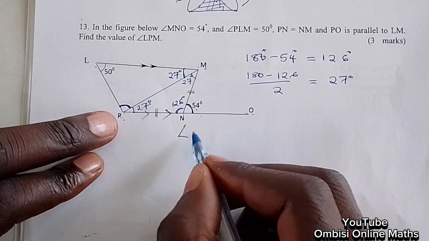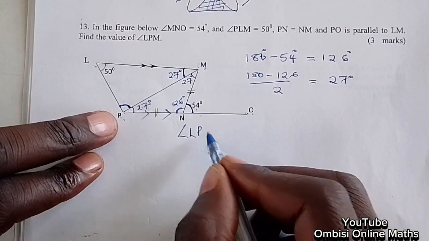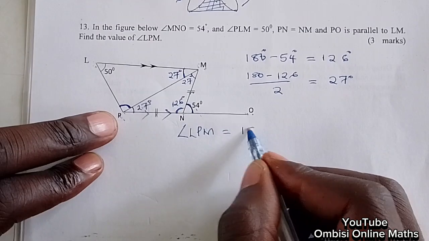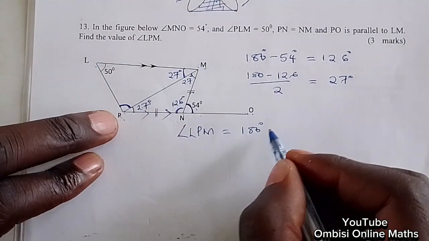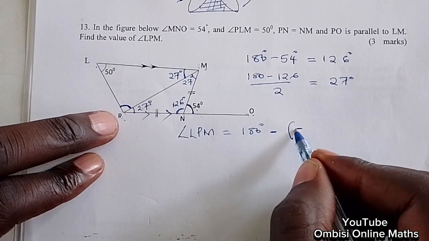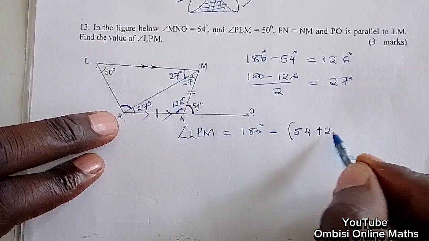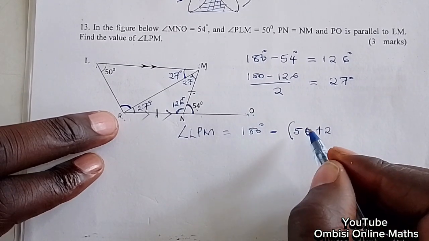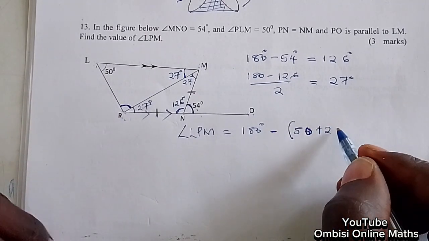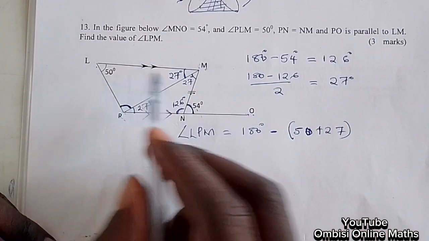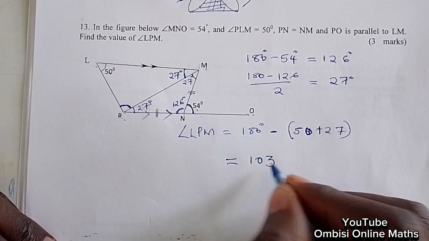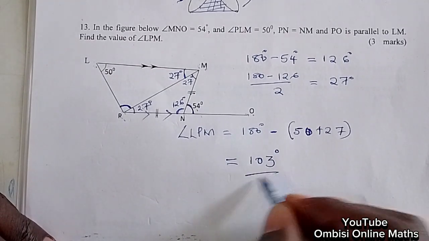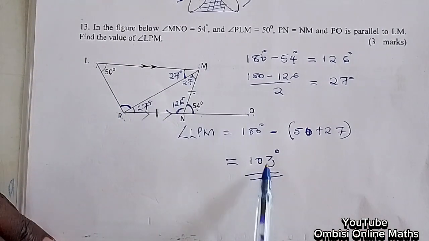Angle LPM is going to be 180 degrees, the total angles of this triangle, minus 54 plus 50 plus 27, and this one translates to 103 degrees. So angle LPM is 103 degrees.